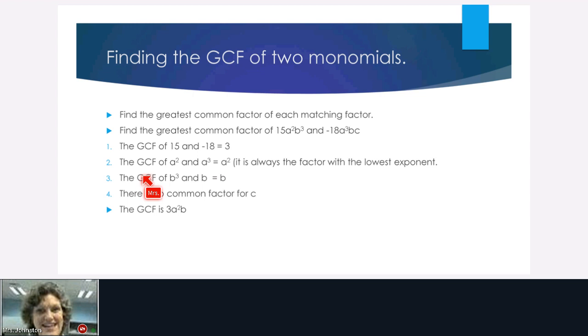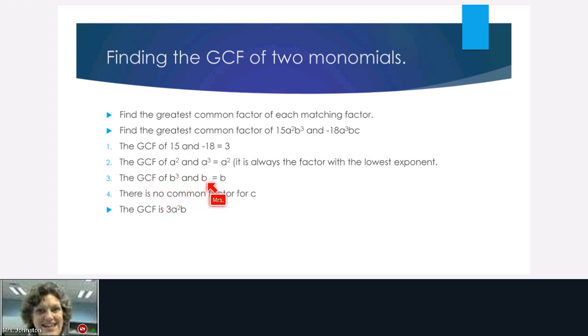Now, that's the hard part. The easy part is the variables. If you're trying to find the GCF of a squared and a cubed, it's a squared. You always choose the variable that has the lowest exponent because obviously it's a factor of a cubed, but a cubed could never be a factor of a squared because it's larger. Try it again on the b's.